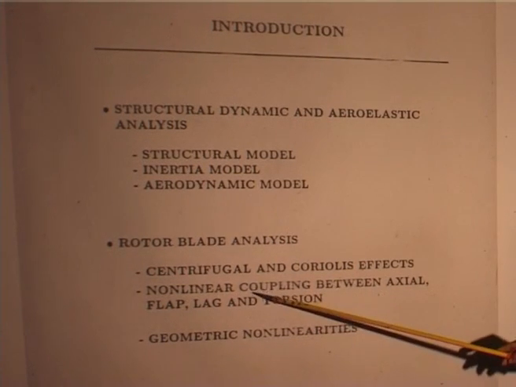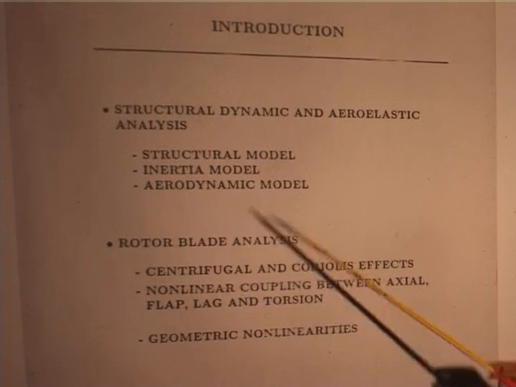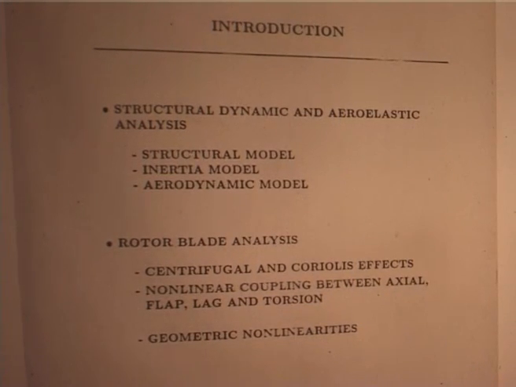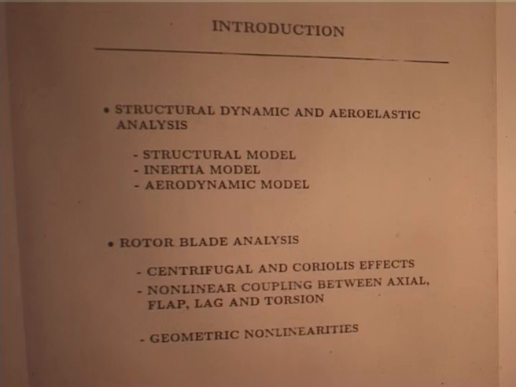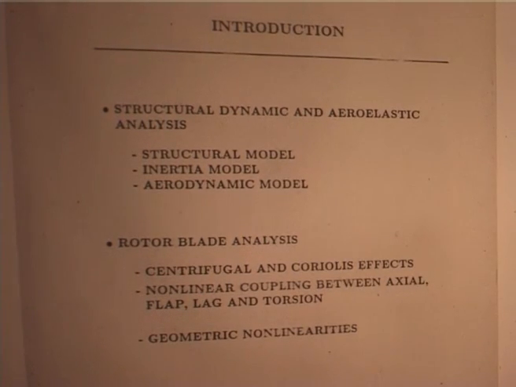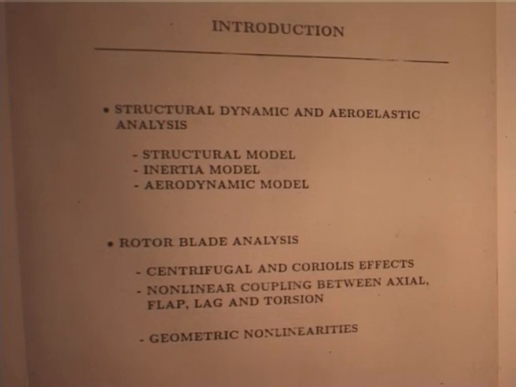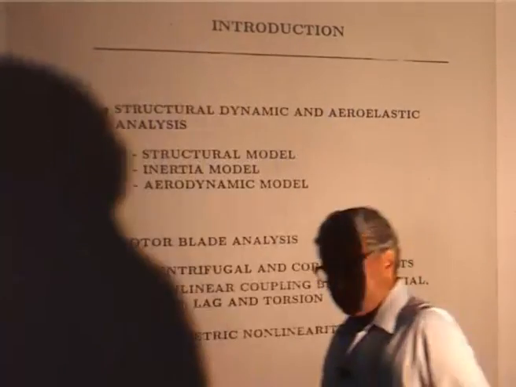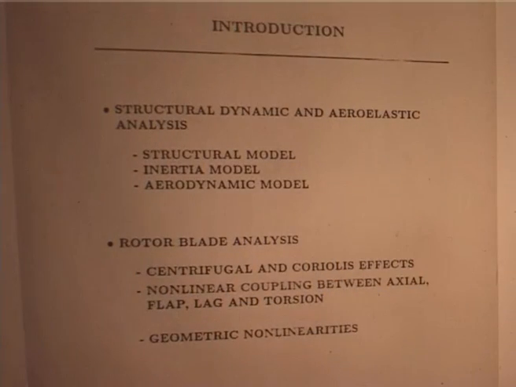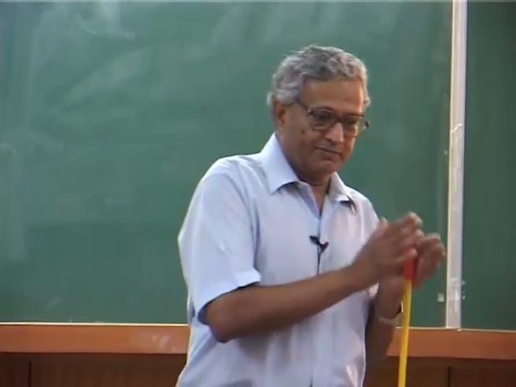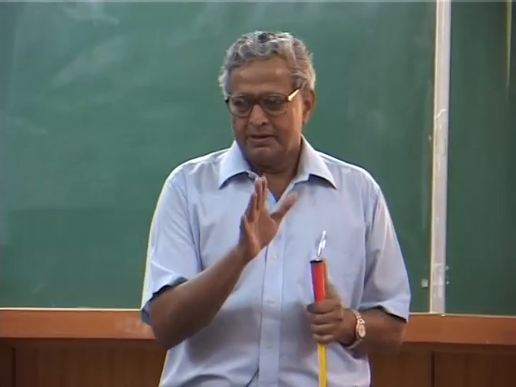Then of course, you will have nonlinear effects because of axial deformation. Okay. Because of the centrifugal force, how do you account for it? In earlier days they were taking it in an approximate manner, but if you systematically derive the equation, you will find it is a nonlinear equation. What type of nonlinearity is it?